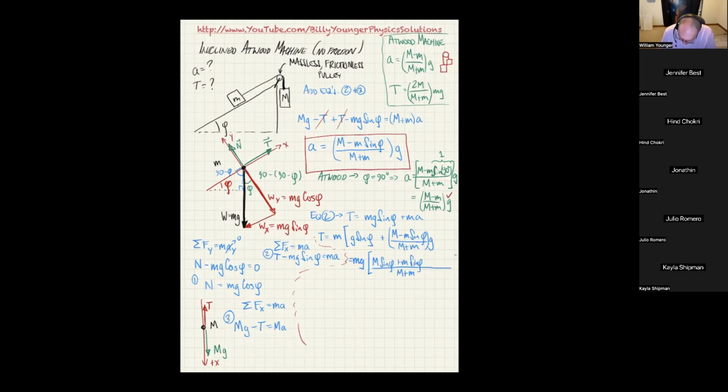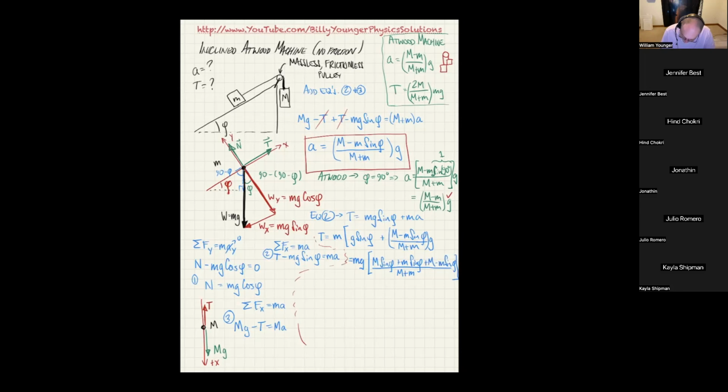Okay. Now I've got to do the same thing, but notice there's a plus sign in front of the M minus m sine phi. If there was some other symbol in there, I've got to keep in my mind that the fraction bar is the same as parentheses, so you'd have to distribute. In this case, it doesn't matter. So the first thing is just going to be plus M, and then the second thing is going to be minus m sine phi, like that.